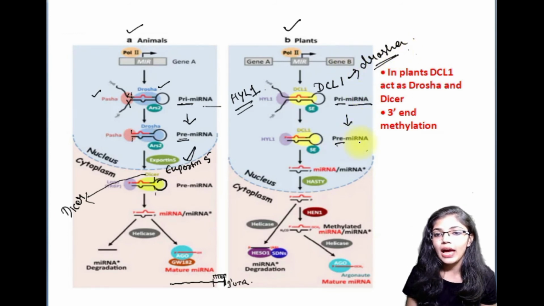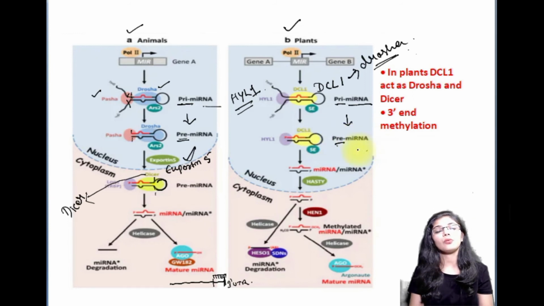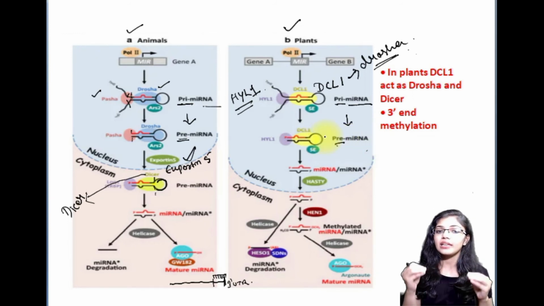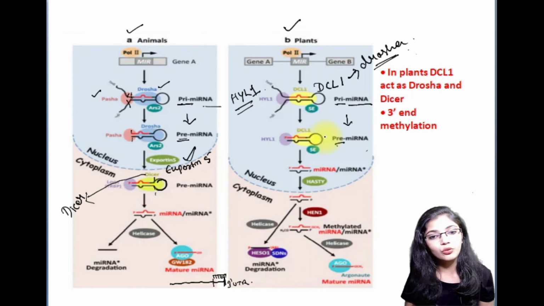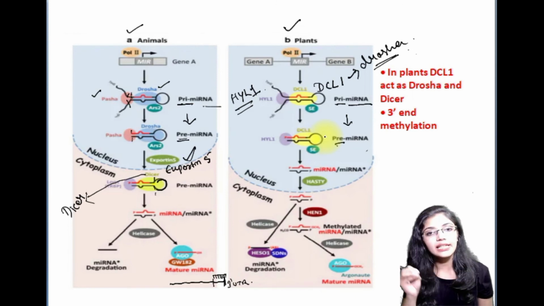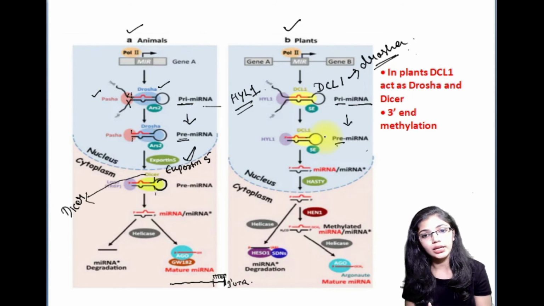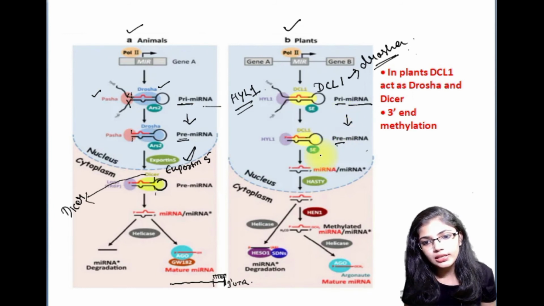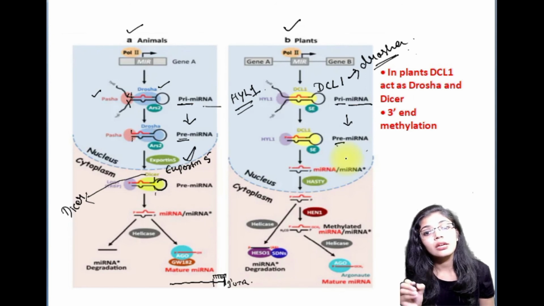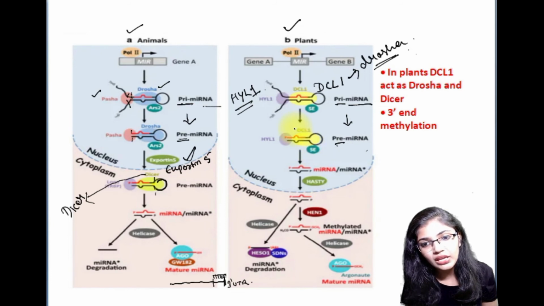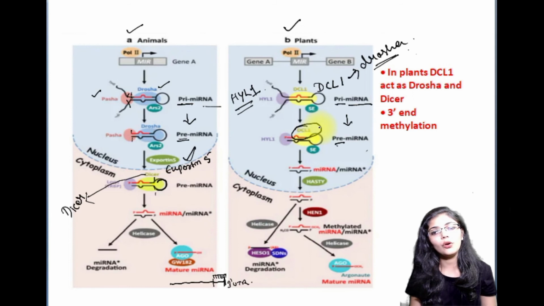Here pri-miRNA is produced. After the pri-miRNA is produced, what was taking place in the animals? It was exported into the cytoplasm. But in case of plants, the next process is also done in the nucleus. That is, the formation of this duplex is done in the nucleus itself, and it is done by this DCL1. Okay.